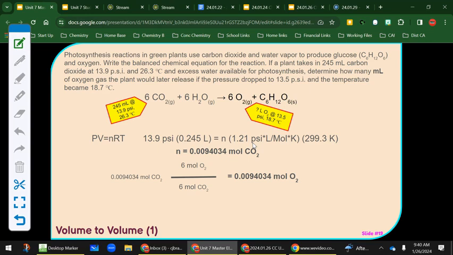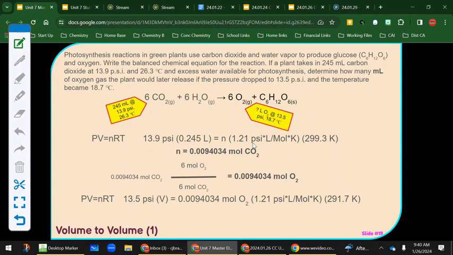Now we take this number, ladies and gentlemen, and go back into PV equals nRT. But we have a new pressure. We have a new temperature. Our new pressure is 13.5 psi. Our new temperature is 18.7 degrees Celsius. Still the same R value. And we now know what the moles is.